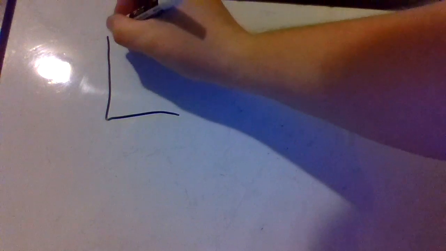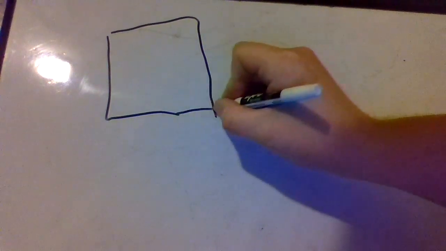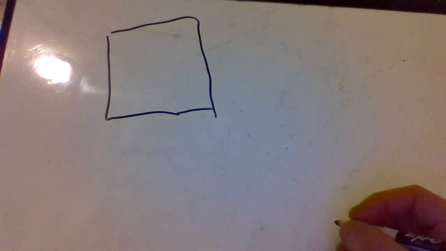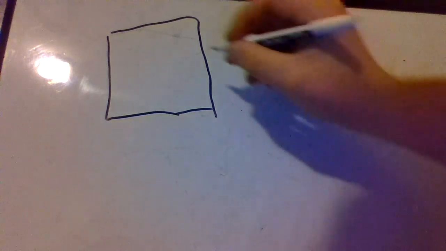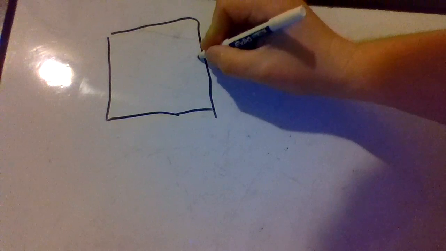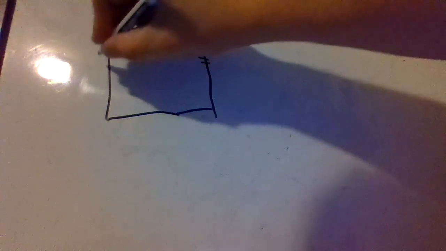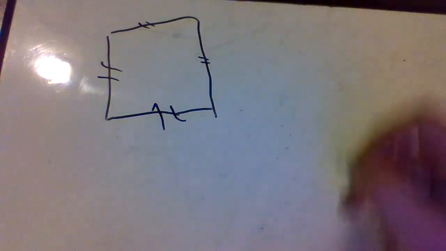So this is a square. Even though my drawing is not usually on point, this is essentially a square. And the thing about a square, as you'll recall, is it has four sides, and all four sides are equal.